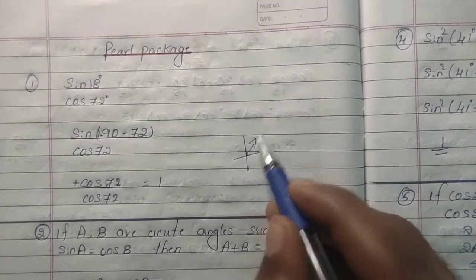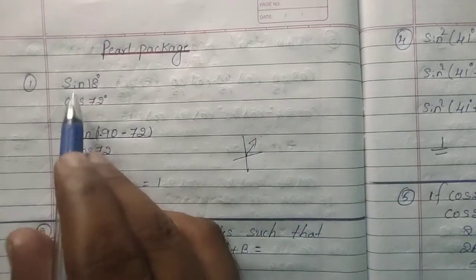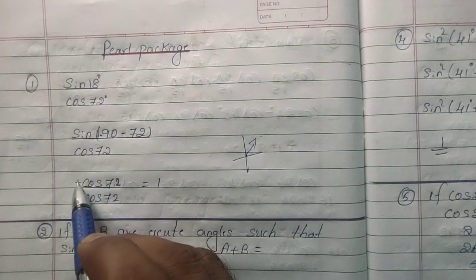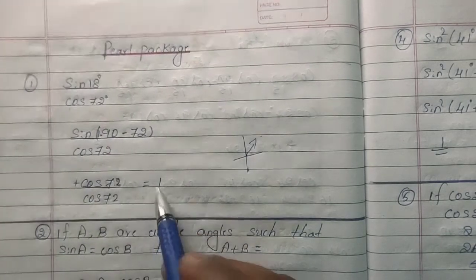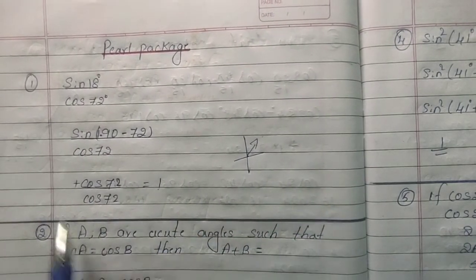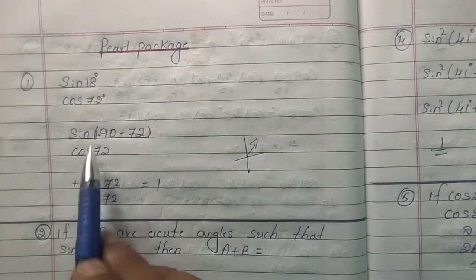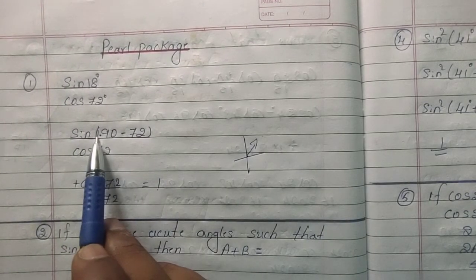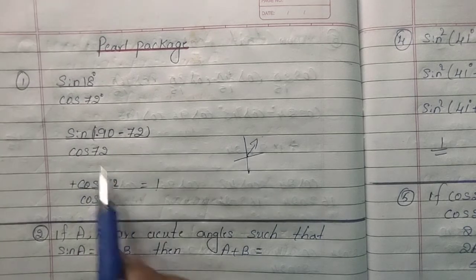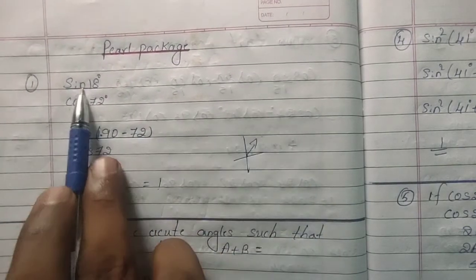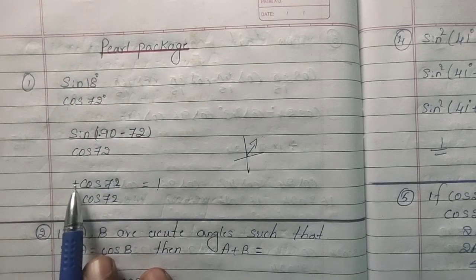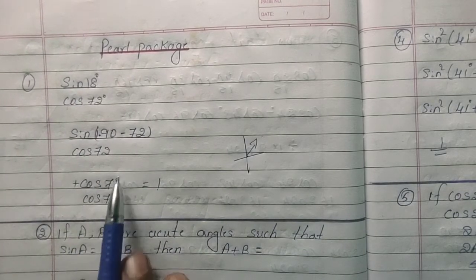In the first quadrant. In the first quadrant all are positive, so sine also is positive. So cos 72, cos 72 both get cancelled. Answer is 1. Sine becomes cos. Why? n is 1, an odd number, theta is 72, and this 18 degree lies in the first quadrant. In the first quadrant sine is positive, so the result is positive. So cos 72 by cos 72 is 1.